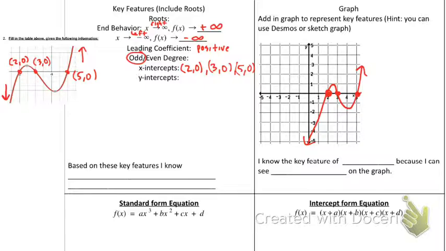So let's fill in the equations. Just like before, if we have the x-intercepts, we can turn it into intercept form. Remember, intercept form is the same as factored form. Okay, so let's do that. We set the intercepts here in equation form. So our first intercept is 2, so it's going to be x equal to 2.